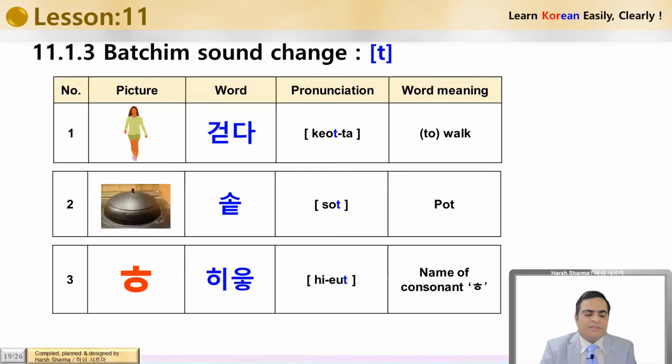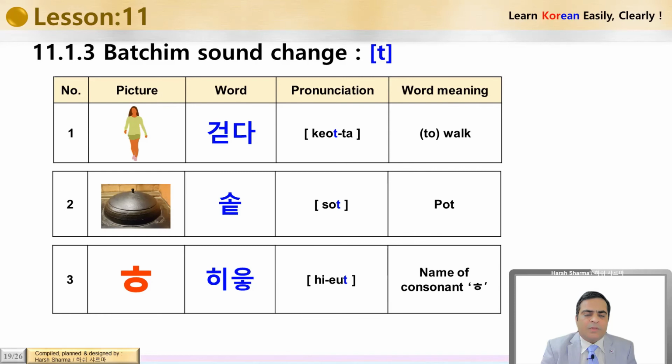Let's check some examples. See number 1. The first word meaning, you can see it is walk, to walk. And how will this word be pronounced? You can see Batchim is da, and at the Batchim position it will be pronounced as ta only.